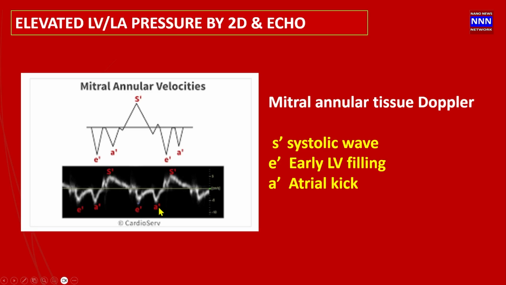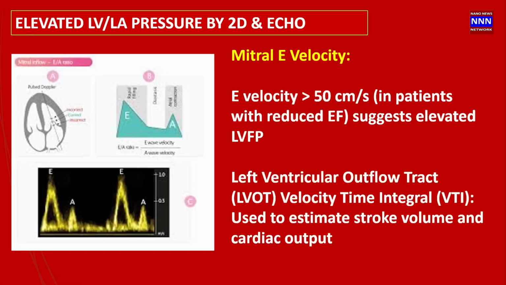This mitral annular velocity mirror-images the pulse Doppler of the mitral valve itself at its tips, and these are designated with lowercase letters with an apostrophe. That's something to keep in mind, because when we do the E to E prime ratio, that's what we are looking at.